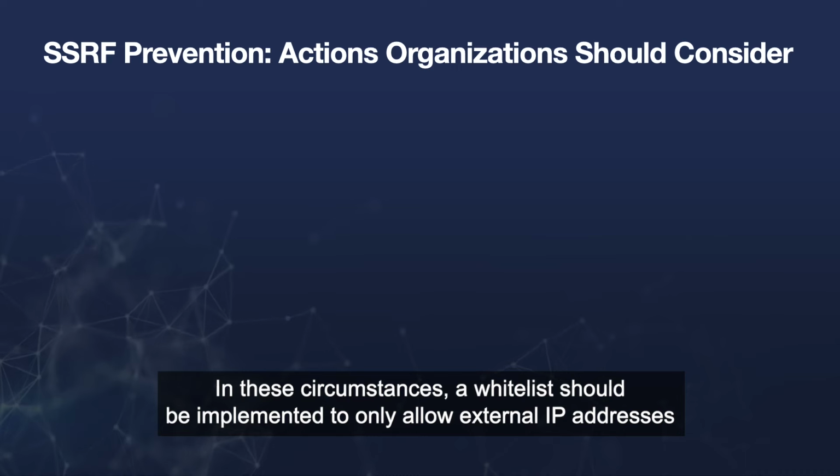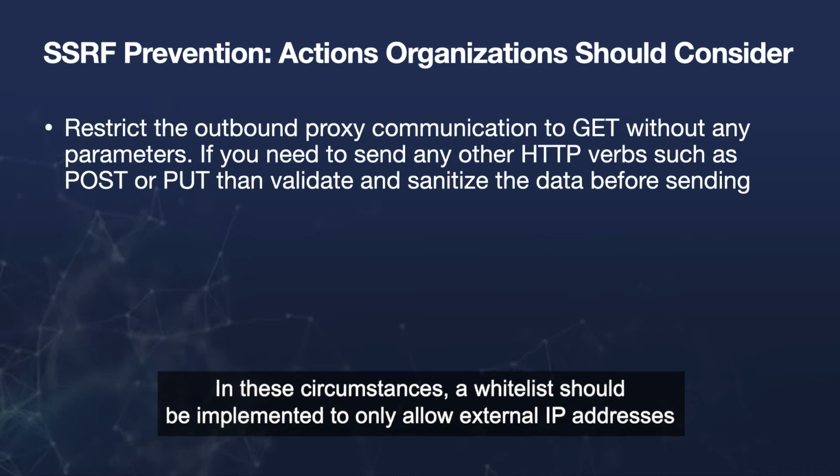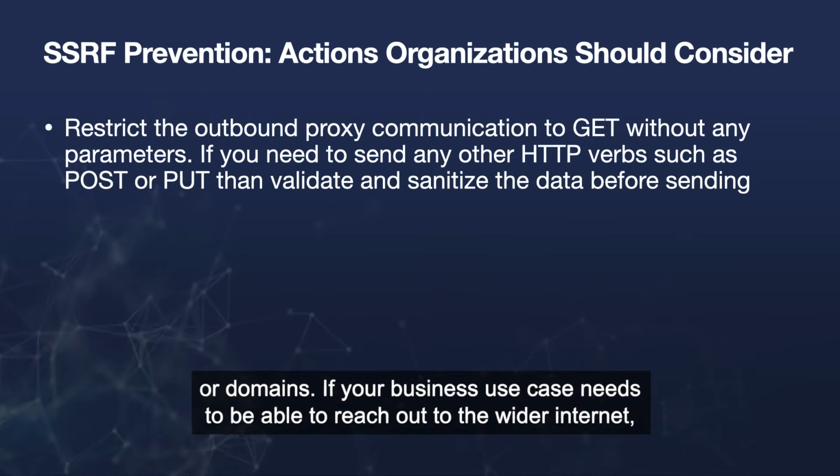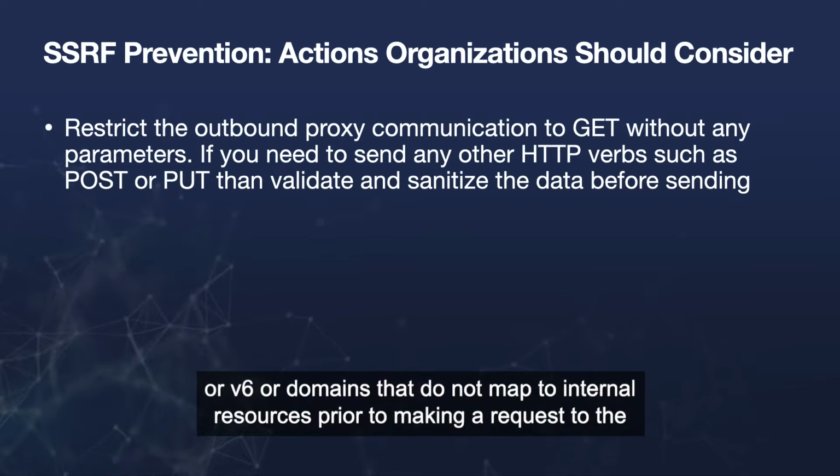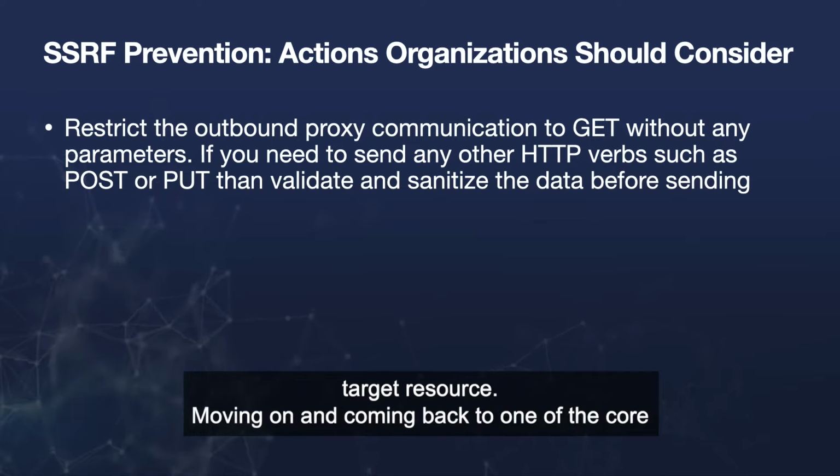In these circumstances, a whitelist should be implemented to only allow external IP addresses or domains. If your business use case needs to be able to reach out to the wider internet, the code running on the server should be able to identify IP addresses, whether they be v4 or v6, or domains that do not map to internal resources prior to making a request to the target resource.